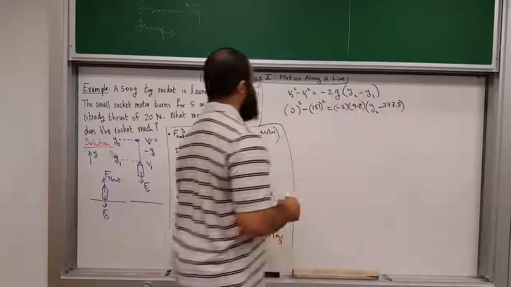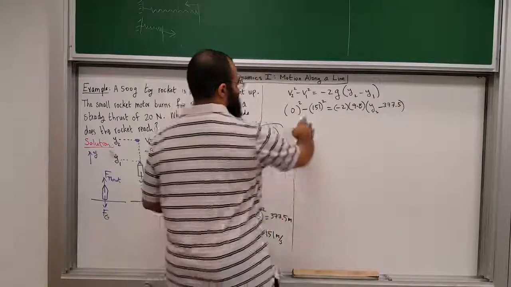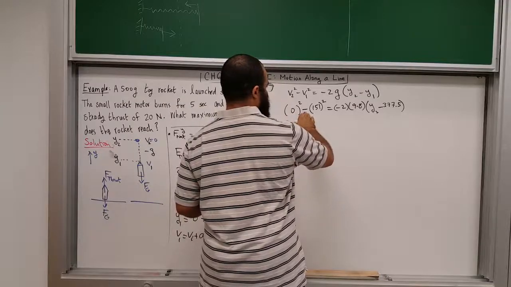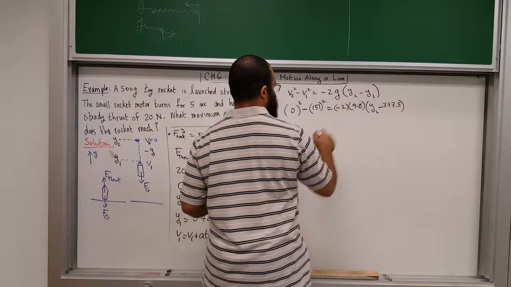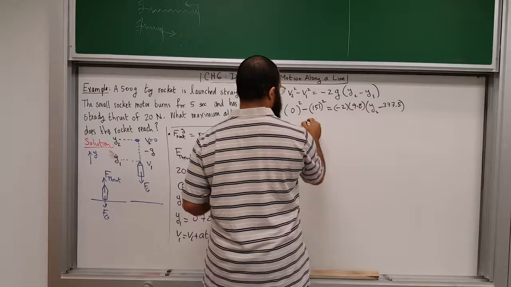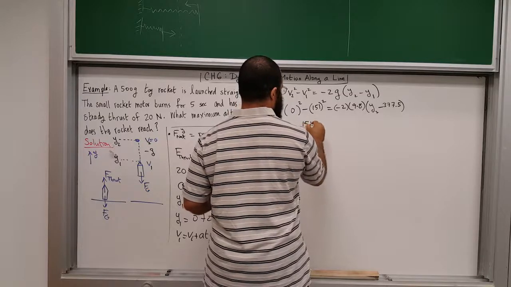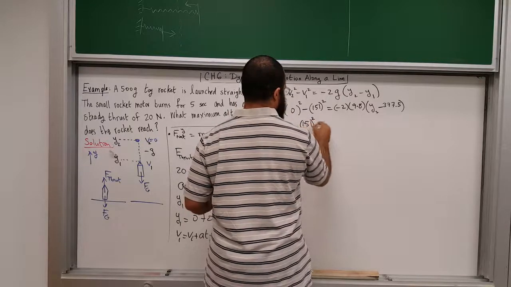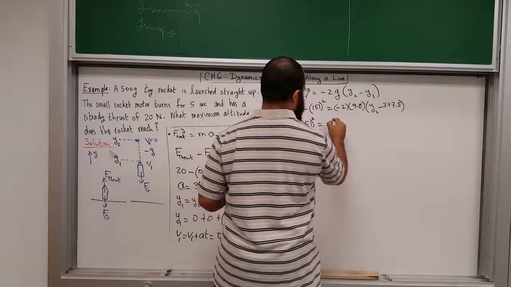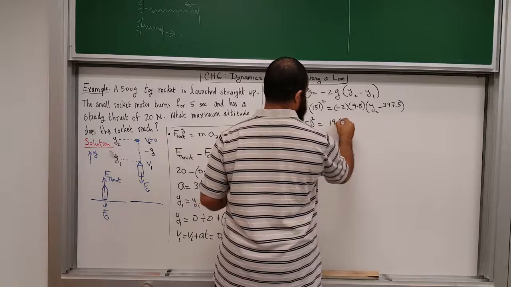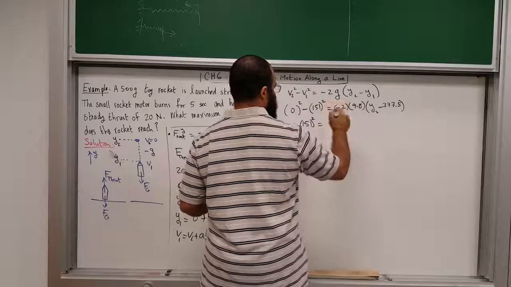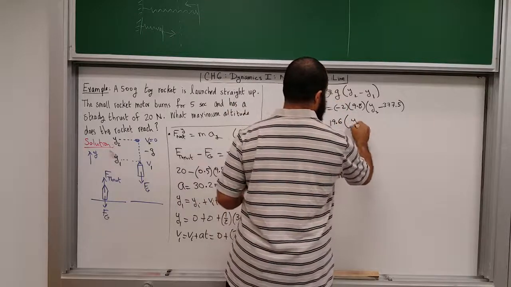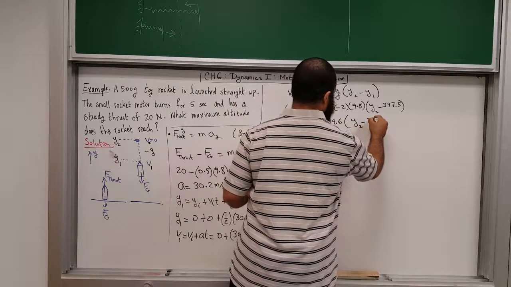So this is 0 minus something, so this is negative, but this is negative, so the negative goes away. So we have 151 squared equal to 2 times 9.8, which is 19.6, times y2 minus 377.5.